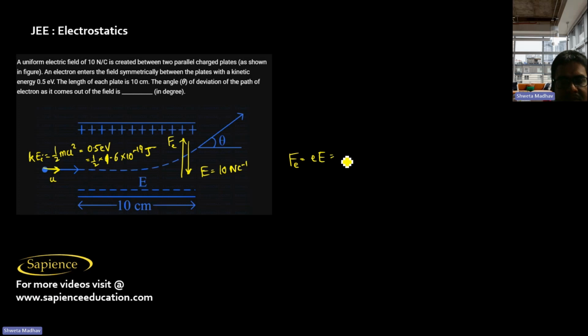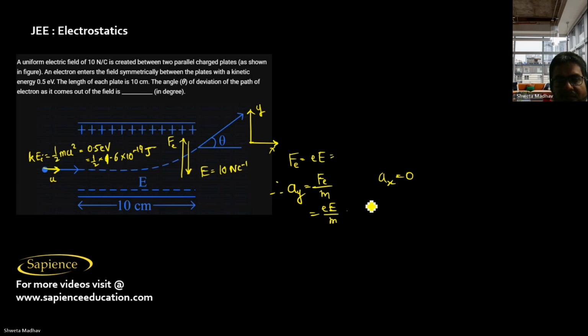So the acceleration is only along the y-axis, since along x-axis there is no force. Along y-axis only the force Fe, so Fe by m, which is equal to Ee by m, where m is the mass of the electron. It is told that the length of each plate is 10 centimeter, means 0.1 meters.